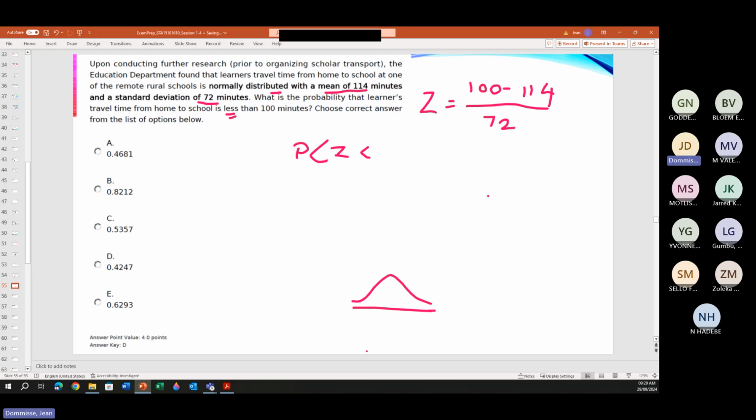Wherever we end up, let's first look at the Z so that we can see where we land up. So that is 100 minus 114, so that's going to be negative.